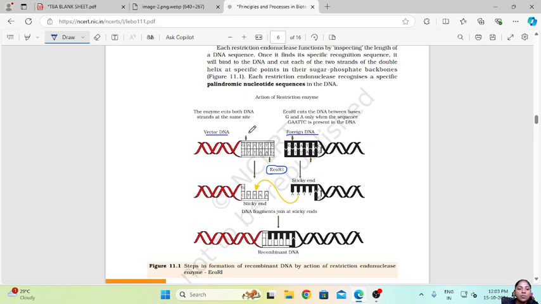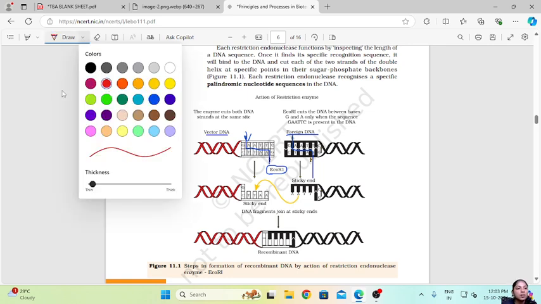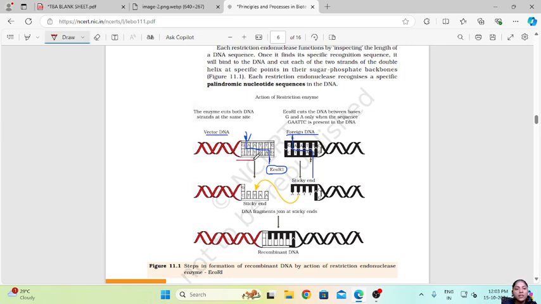So what is happening over here? The restriction enzyme is cutting the strand from here and over here, and this strand is cut from here to here. So now the DNA will have this single stranded portion, and this single stranded portion, as we can see here, which will form the sticky ends of the DNA and which can then be ligated.